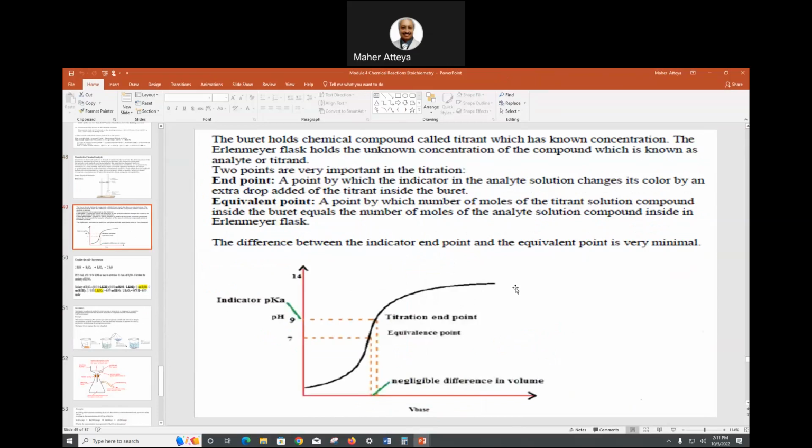Now, the acid-base titration means the reaction of acid with base. The acid will consume itself with the base, and we have two types of equivalent. We have the equivalent point, correct, here, and we have the titration endpoint.